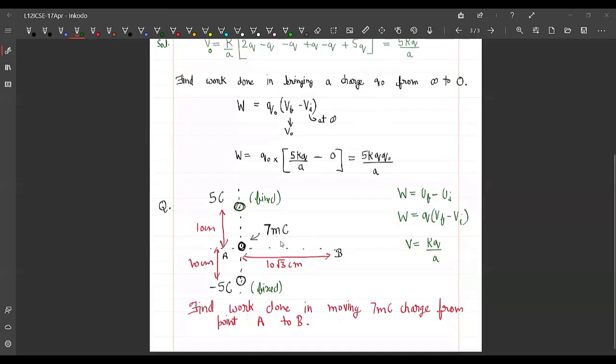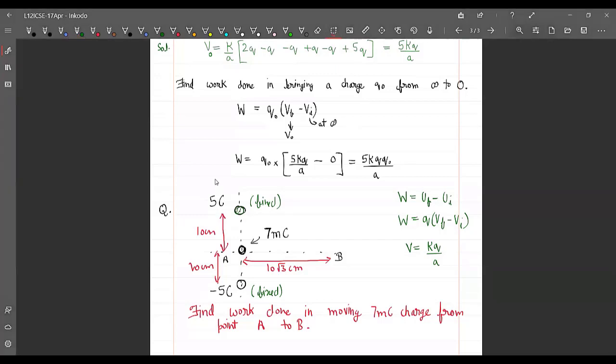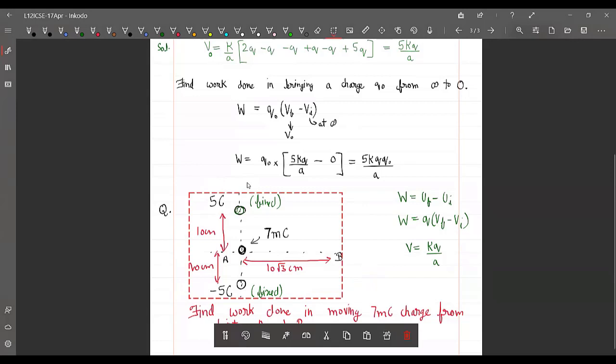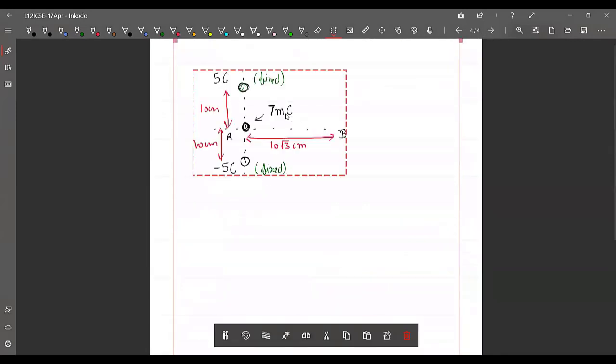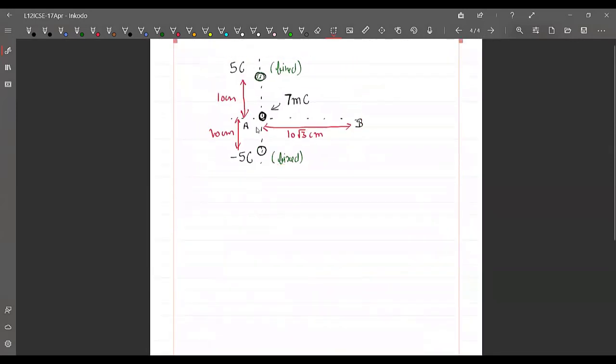Okay. See here. Let me solve this. First, I will calculate the potential at point A. So potential at point A, that will be K into 5 coulomb by 10 centimeter and minus 5 coulomb by 10 centimeter.